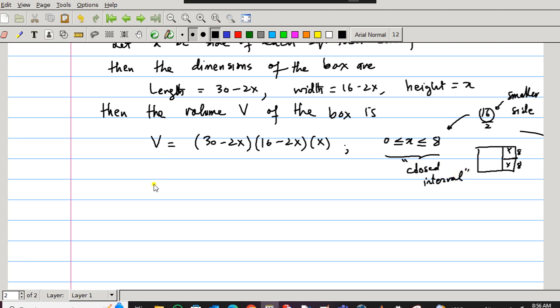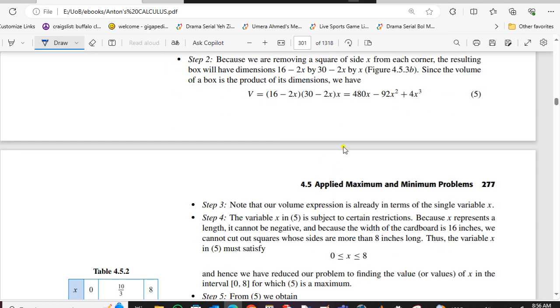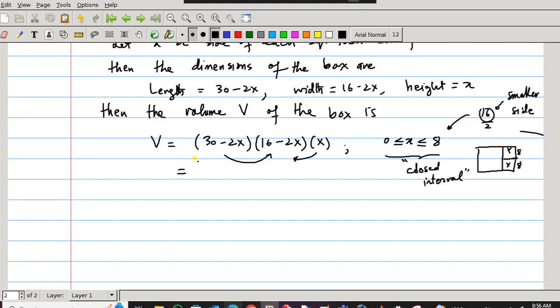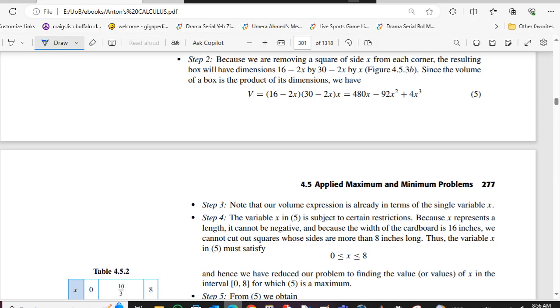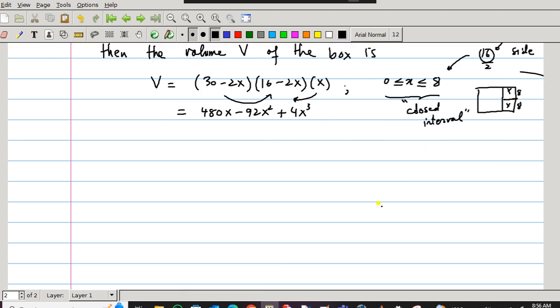Okay, so good. I can multiply this inside. We multiply this here and then x inside. So I think I can write directly from here. It is 480x minus 92x square plus 4x cube. If you multiply all these things, you get this one. Now, what is my question? I was looking for the largest volume.